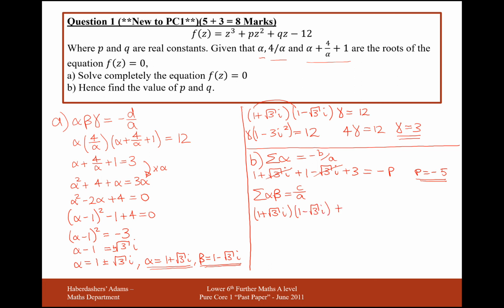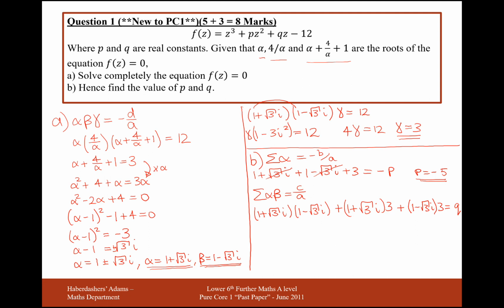So that's alpha and beta. Then we'll do alpha and gamma, so 1 plus root 3i times by 3. And we'll have beta gamma as well, 1 minus root 3i times by gamma, which is 3. And this is going to equal c over a. C is q, a is 1, so just equal q.